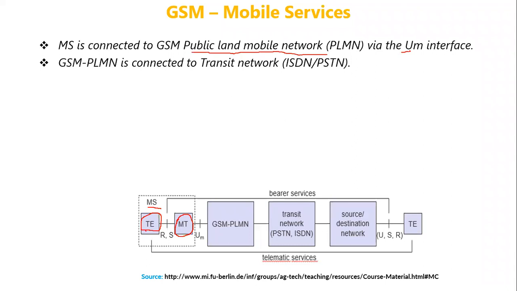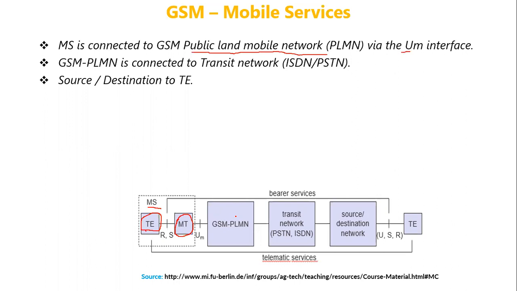In turn, the GSM PLMN is connected to transit networks like ISDN and PSTN. ISDN is Integrated Services Digital Network and PSTN is Public Switched Telephone Network. These refer to the wired telephone networks.